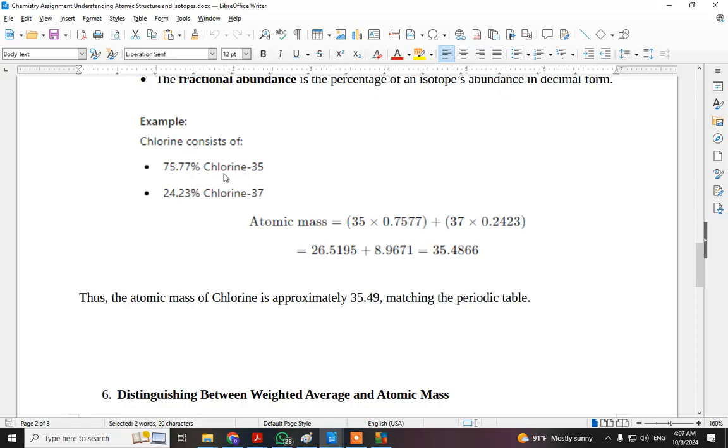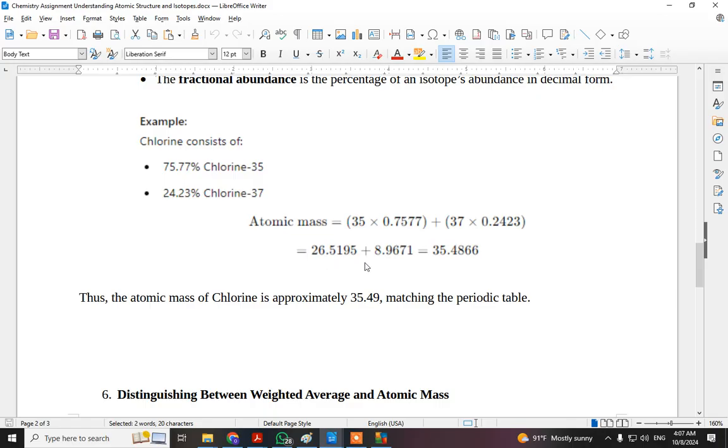We're going back to the same example as previously. 75.77% of chlorine belongs to chlorine 35, that isotope, and 24.23% belongs to chlorine 37. You take the mass number of each one of the isotopes, and you turn the percentage into a decimal.